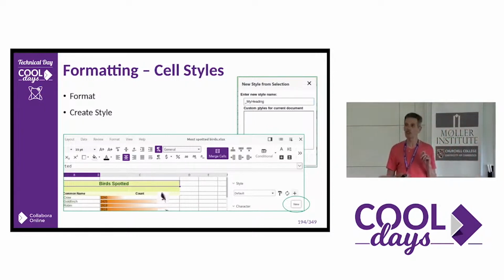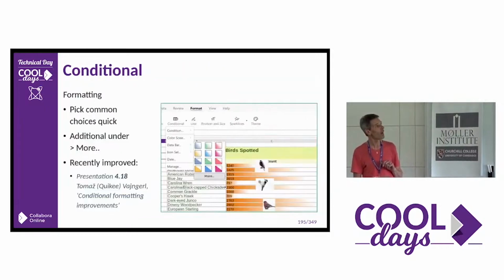To create new cell styles, an easy trick is you select a cell, and on the left you see a screenshot of the sidebar. On the right side of the drop down for the styles, there's a widget, and you can create a new cell style just from the selection.